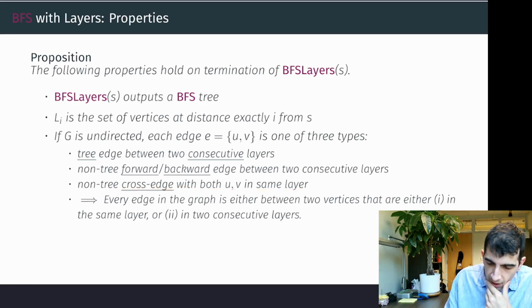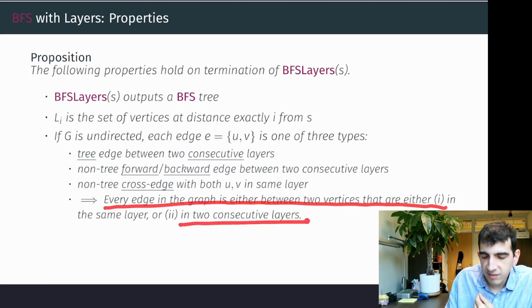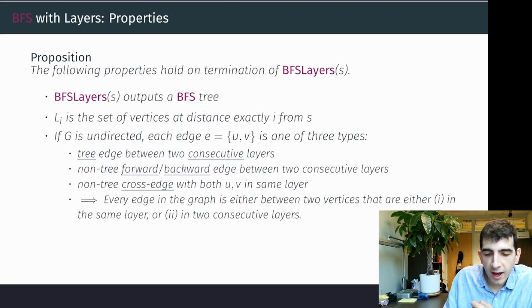Okay? And so every edge in the graph is between two vertices that are either in the same layer or in two consecutive layers. Okay, and why is that?